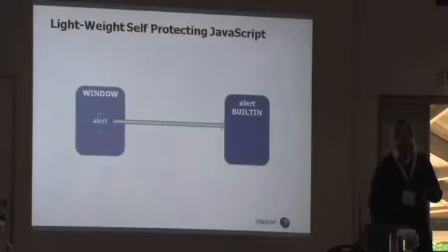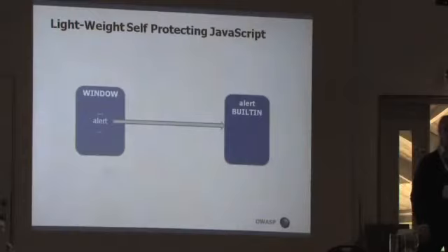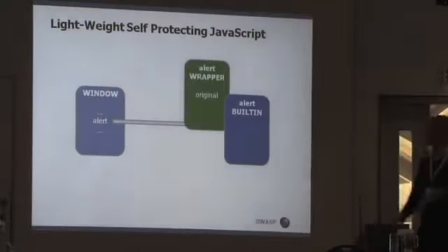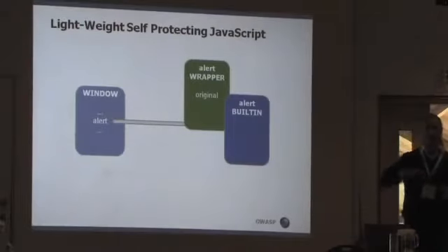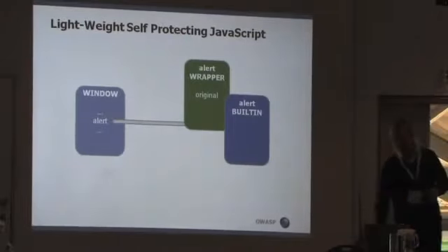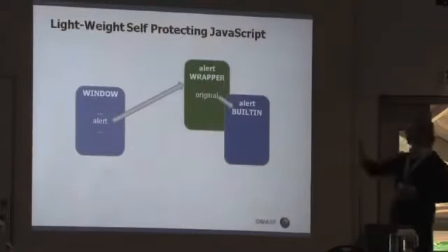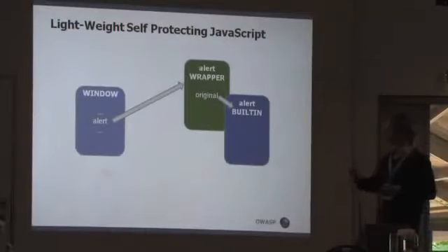Their approach is to use aspect-oriented programming techniques to wrap the built-ins. You create wrappers that will enforce some policy before executing the built-in, and redirect the pointer to the wrapper instead of to the built-in directly.